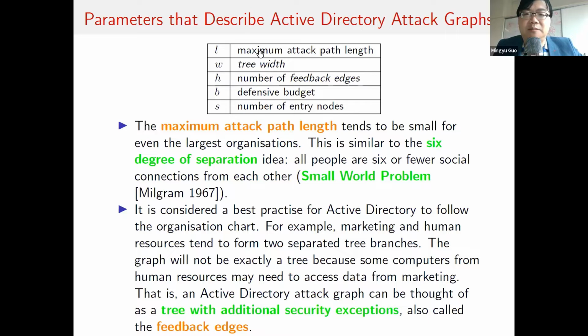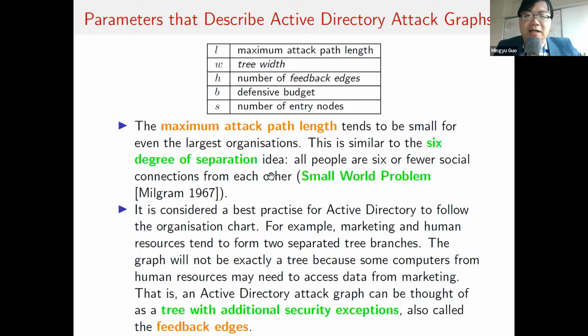And the first parameter we look at is the maximum attack path length. And we assume that the maximum attack path length is small for even the largest organizations. According to the BloodHound team's original words, they also observed this, and they compared this phenomenon to the six degrees of separation for the small world problem.